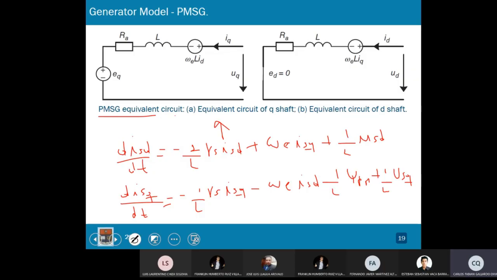So finally, in order to have the whole equation, I need to include the active power and the electromagnetic torque.